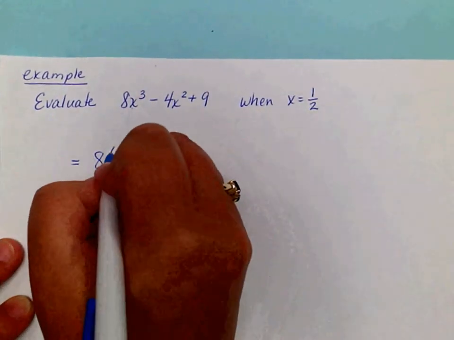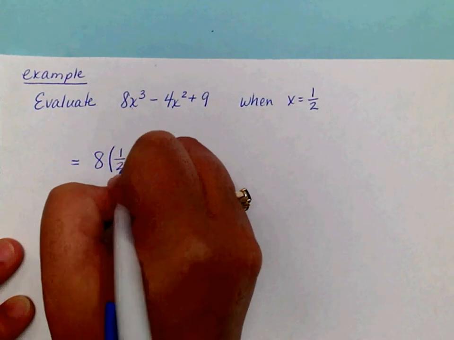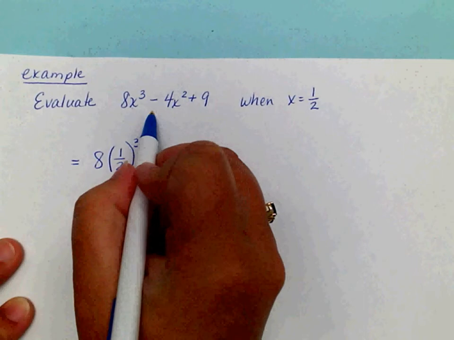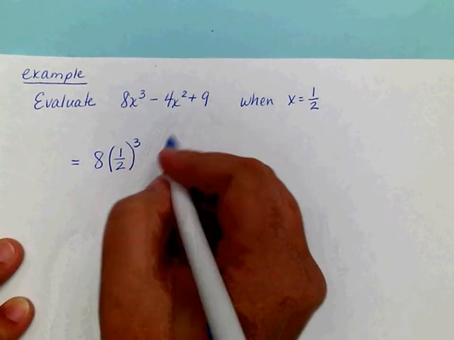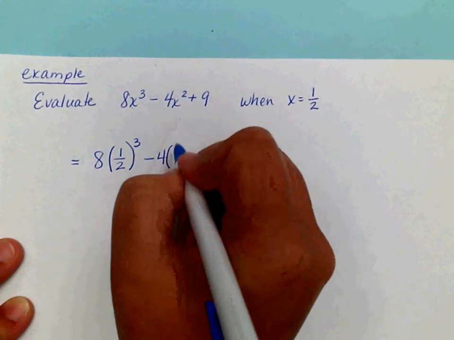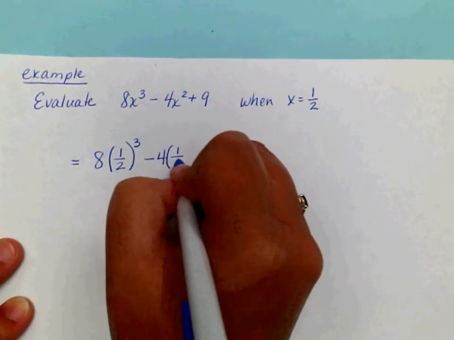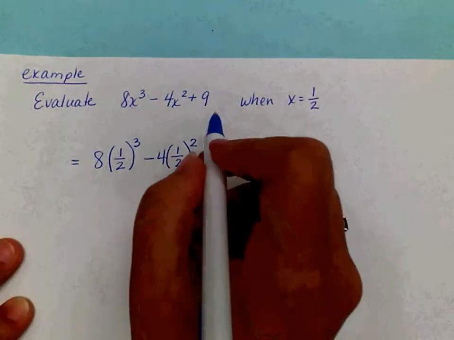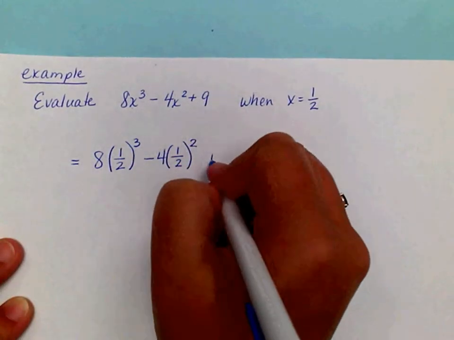So keep our parentheses, and we have 1/2 raised to the third power. The next term is our negative 4 times x squared. So bring down our minus 4, insert parentheses, and we're going to take that fraction of 1/2 and now raise it to the second power. And our last term up there is the plus 9, so let's bring that straight down.